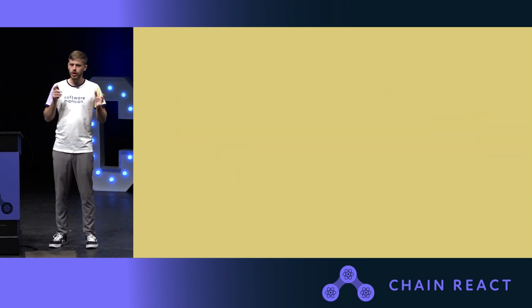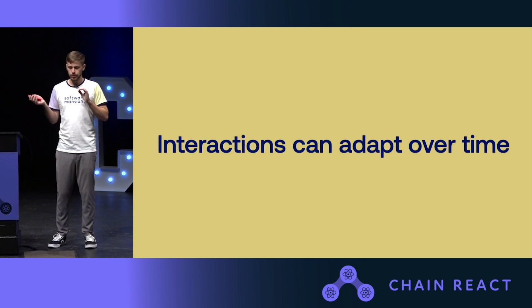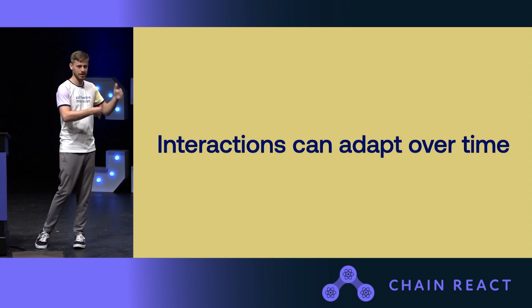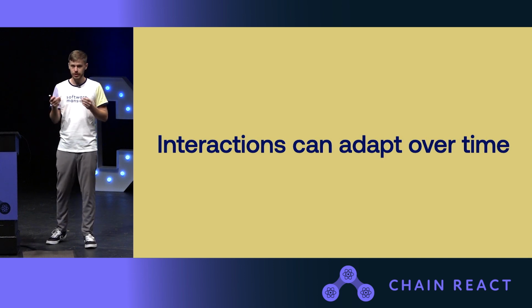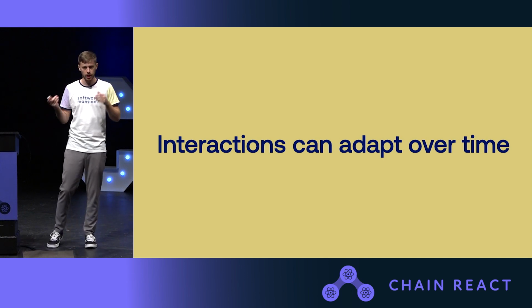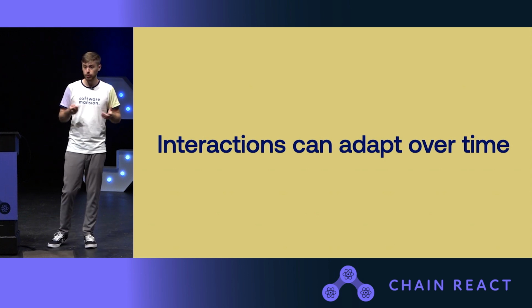And we collect data as developers about the users. If your users use that app a couple of times, you have some more that you know about them. So your interactions can adapt over time. You can make it better, make it faster for users, right? Make it more useful.